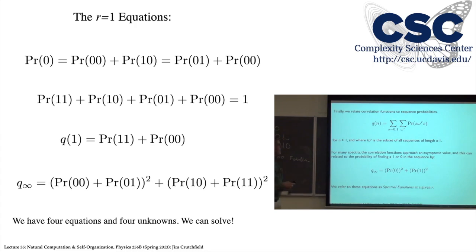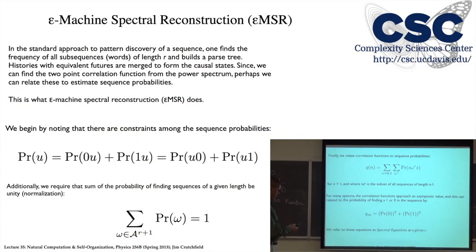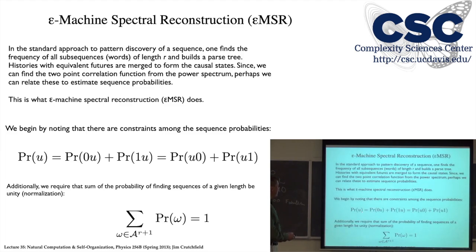So what we do is the following. Let me pick a certain R, say R equals 1, and write out these relations for R equals 1. So U is just going to be either a 0 or a 1.